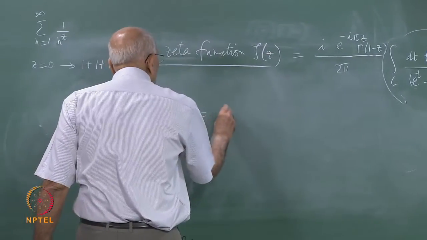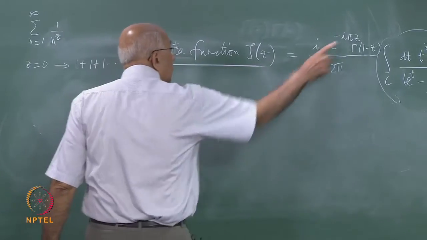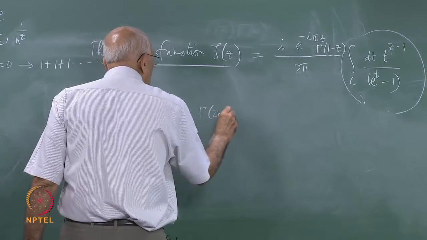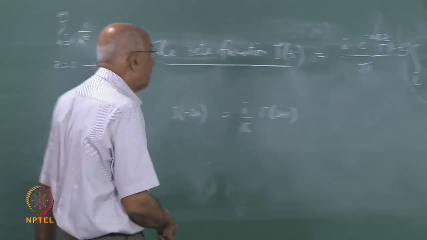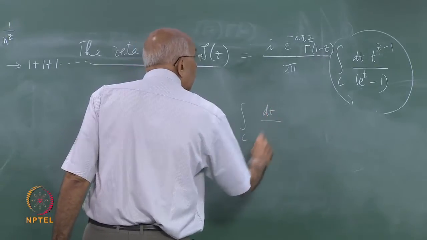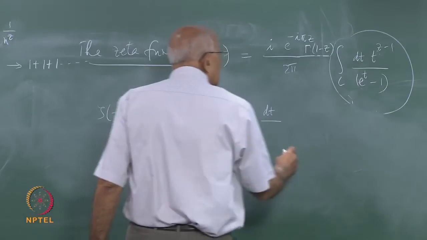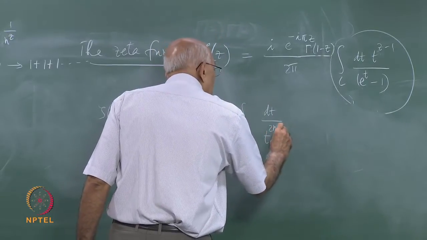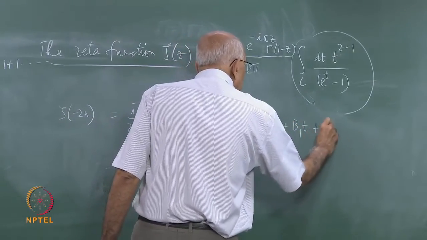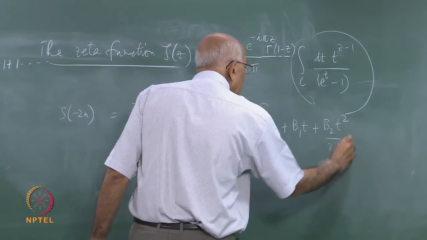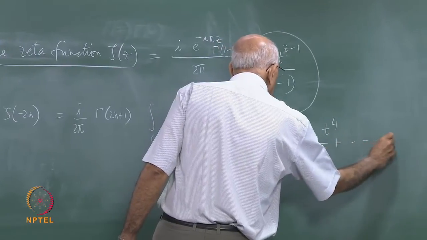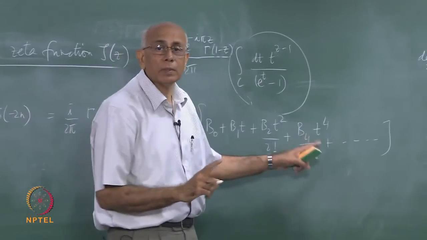This is equal to i over 2 pi e to the, and this is minus 2n, so that just gives you a 1, and this gives you a gamma of 2n plus 1, which is 2n factorial, over 2 pi out here, and then a contour integral dt over t to the 2n, and then I add a 2 here, and then I put in b0 plus b1 t plus b2 t squared over 2 factorial plus b4 t to the 4 over 4 factorial plus dot dot dot all the way, and there are no odd powers at all.